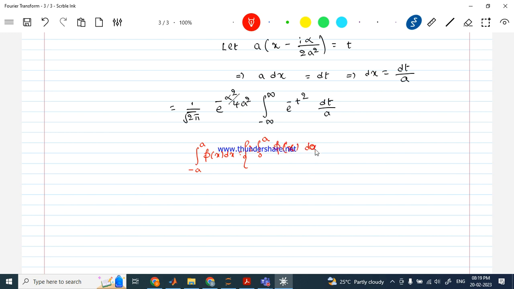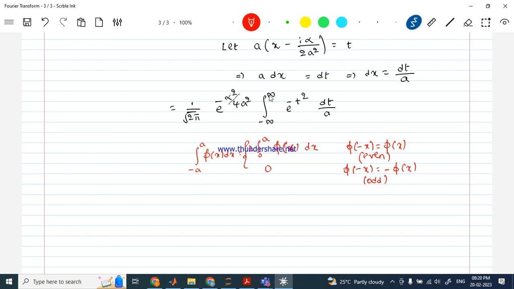Under which condition? If phi of minus x is phi of x, that says the function is even. And it is 0 if phi of minus x is equal to minus phi of x. Under this condition the function is called an odd function.